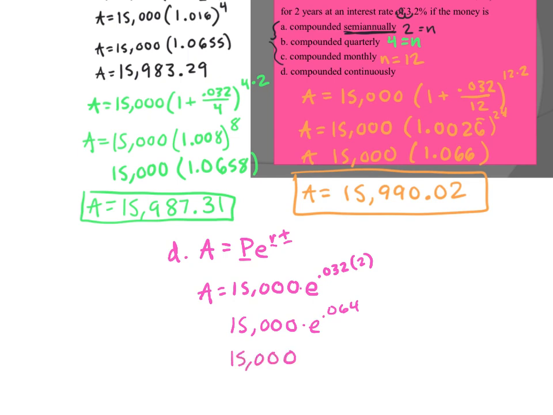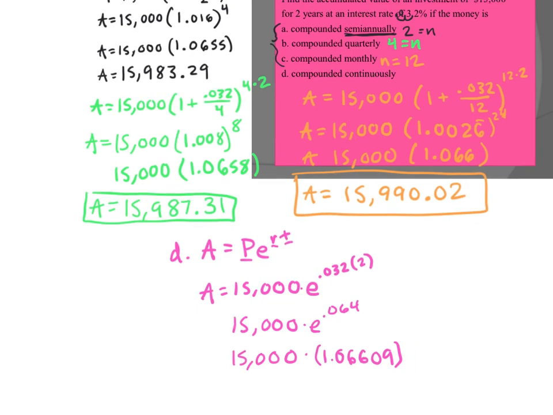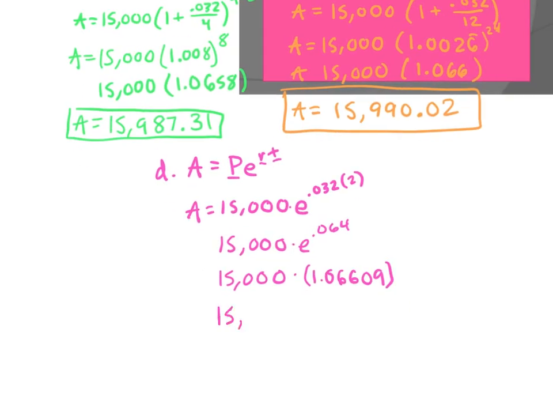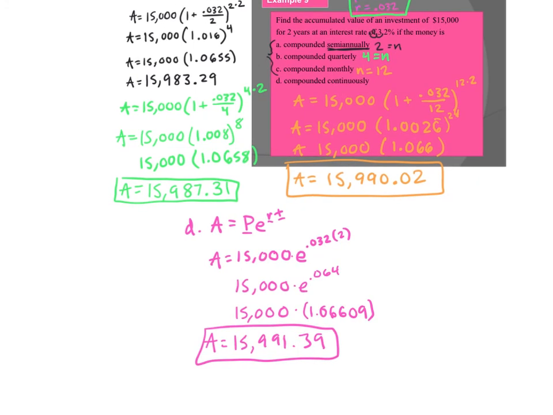So we have to do our exponent. So e to the power of 0.064, and then we get 1.06609. And then we multiply this times 15,000. So I got 15,991.39. Anybody else get that? Super.